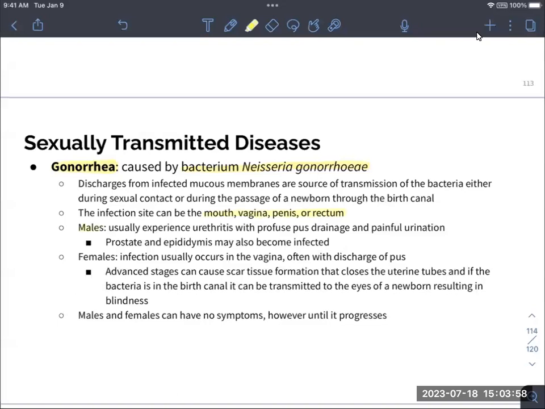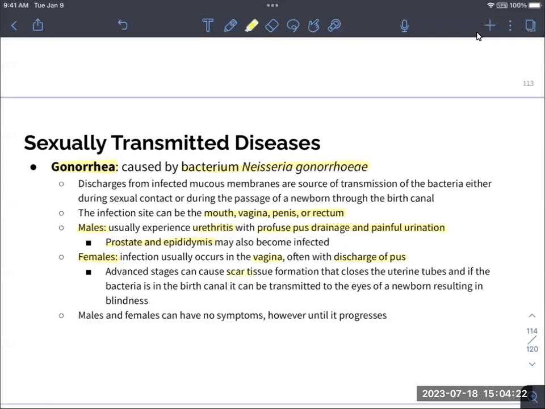In males, urethritis. They can have pus drainage and painful urination. The prostate and the epididymis can also become infected. In females, the vagina can get infected, causing a discharge of pus.